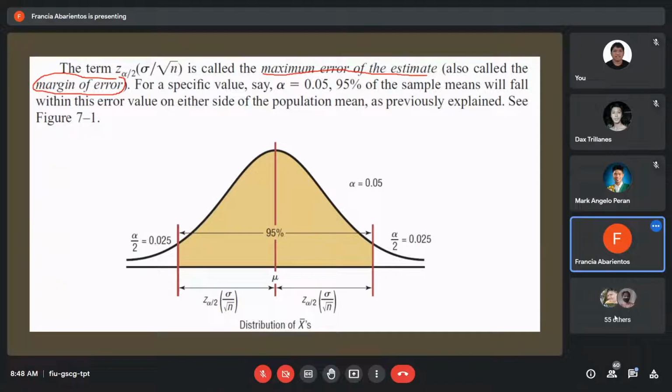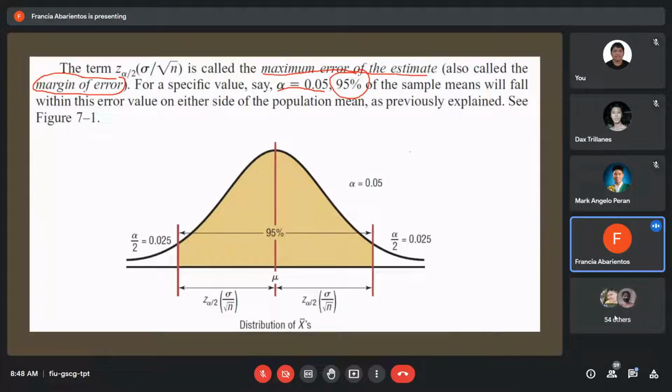Okay? You're given blank 3% margin of error. So for a specific value, we have now the alpha. So automatically, this is 95% of the sample which is given in the problem. And the error of the value is on the either side of the population mean.